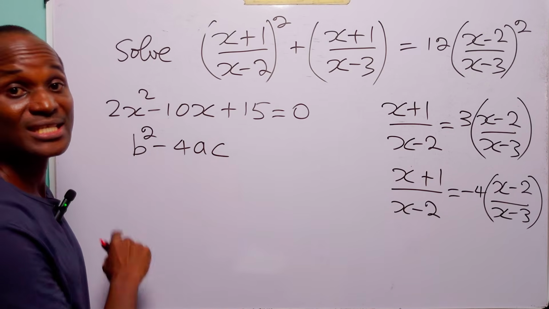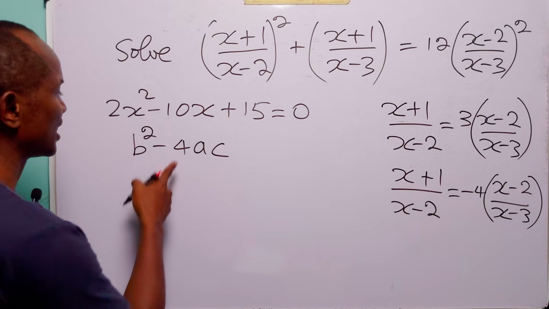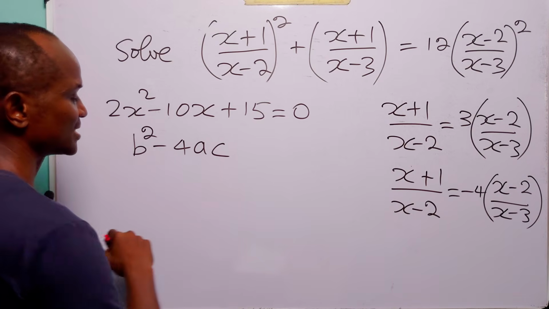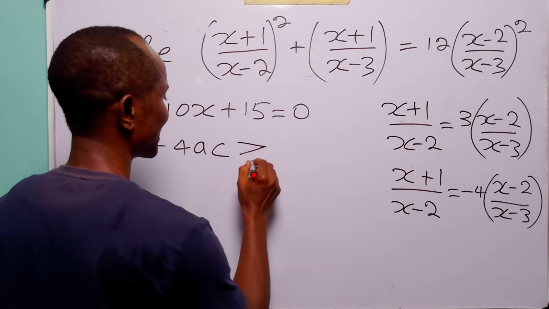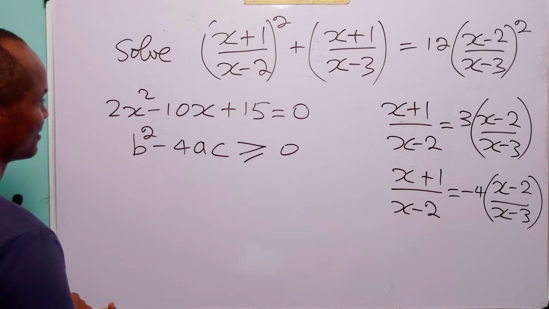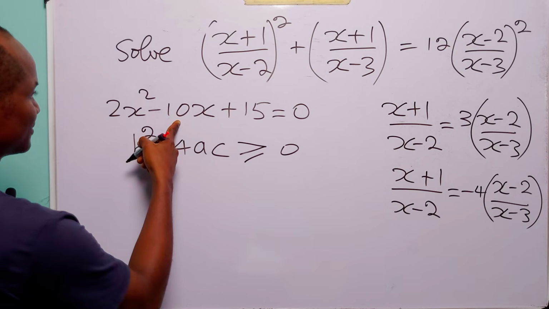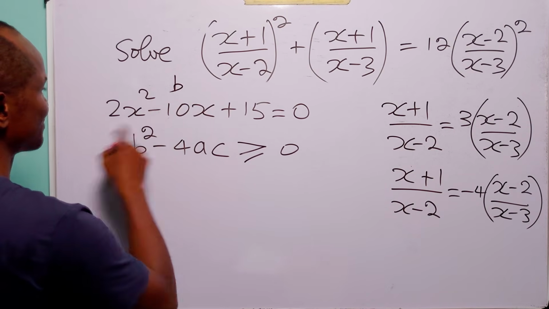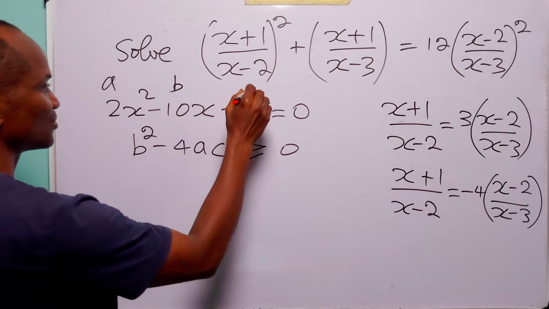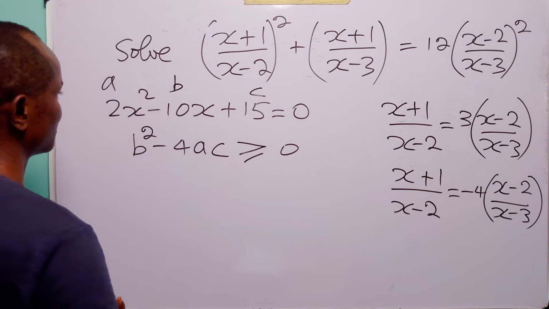You know that for this equation to have real roots, then b squared minus 4ac must be greater than or equal to 0. B is minus 10, a is 2, and c is 15.